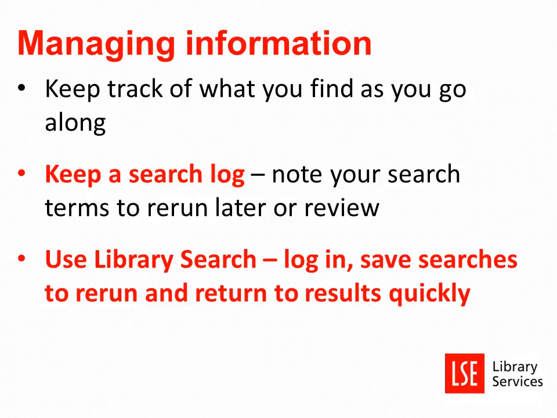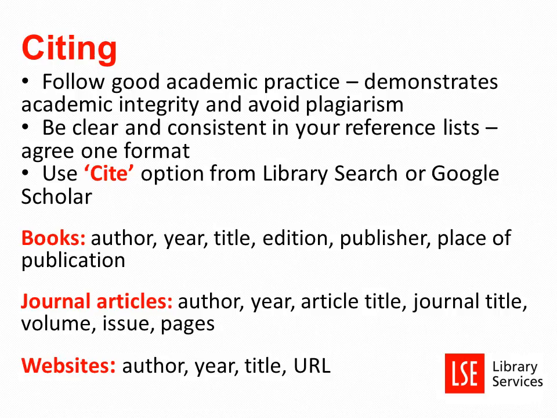This is doubly important when working in groups so that there's no stage of the research process that is duplicated or omitted. By managing and organising your sources and data well, you'll be able to recall the information when you need it in your writing up and presentations, and cite consistently and accurately in your reference lists, thus following good academic practice and demonstrating academic integrity by acknowledging the work of others, while equally clearly showing your own work.